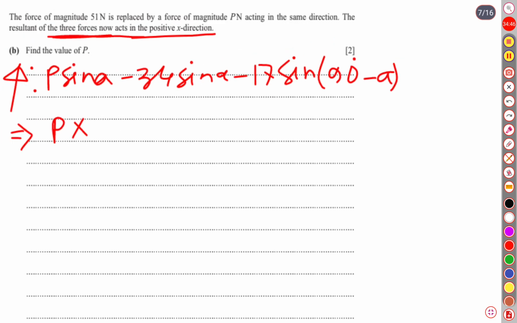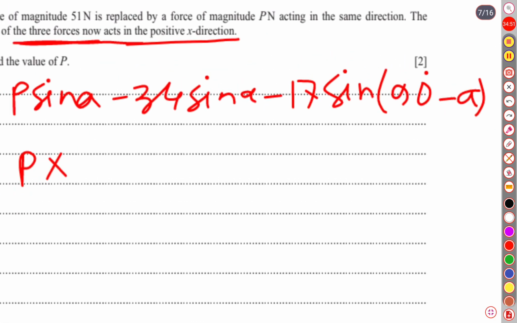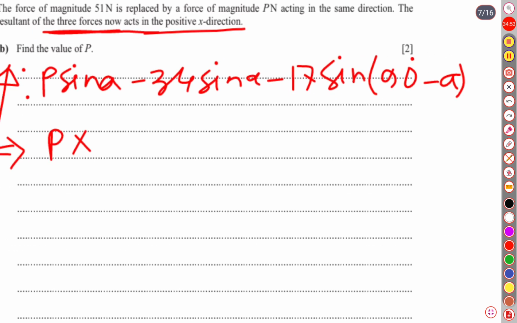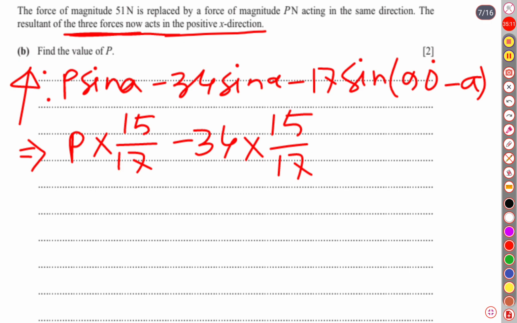P times 15 over 17 minus 34 times sine alpha, 15 over 17, minus 17 times sine (90 minus alpha), which is actually cos alpha, and cos alpha is 8 over 17.